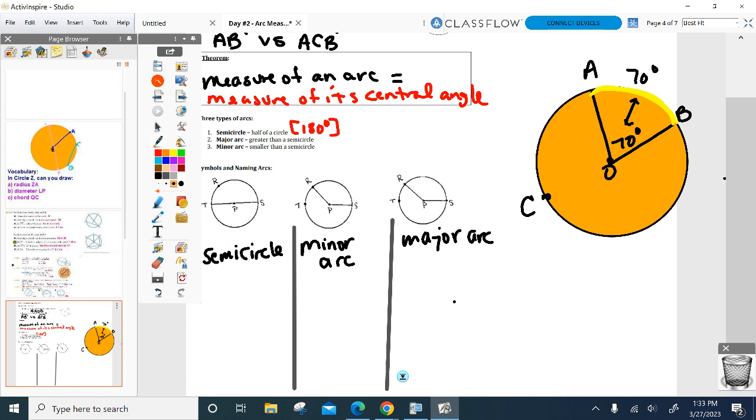Please start using your notation. Got a little less than a minute here. This is just getting used to writing the correct notation for the arcs. Please don't spell arc. I'm not interested in that anymore. I want the notation.